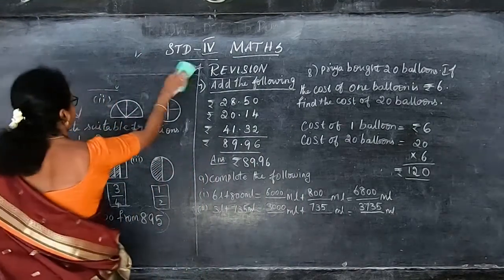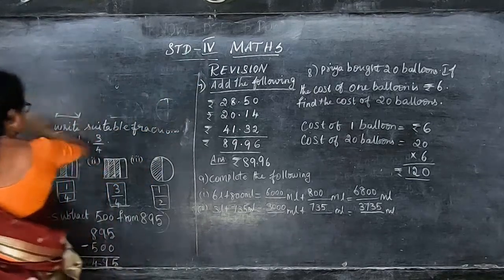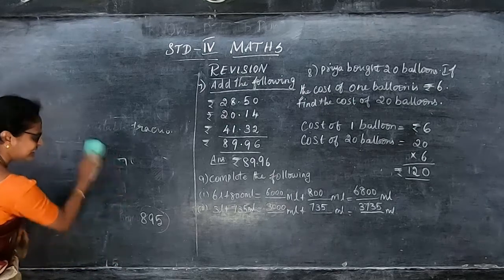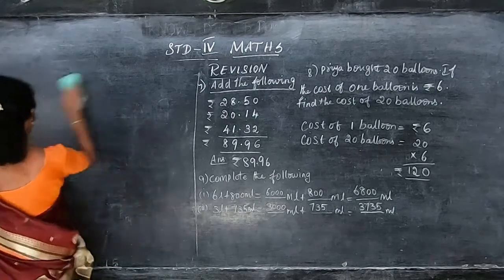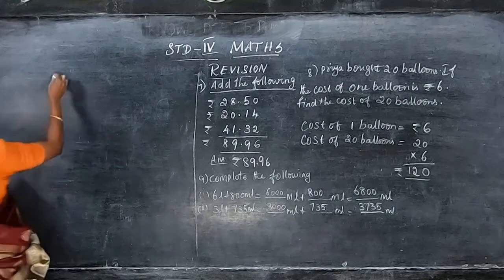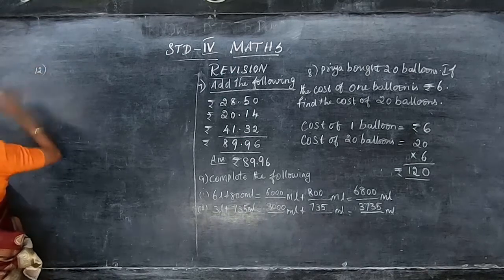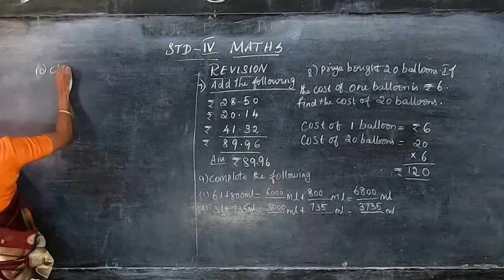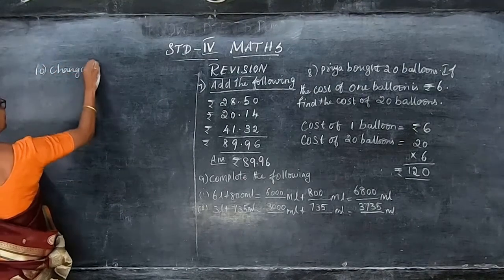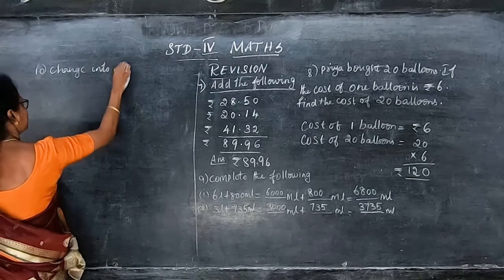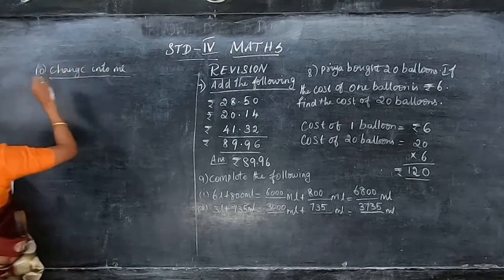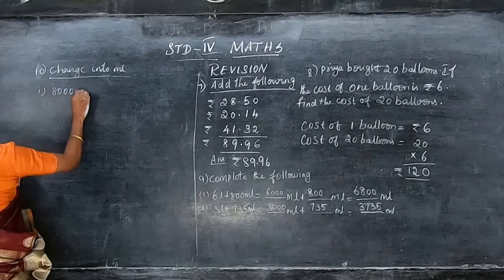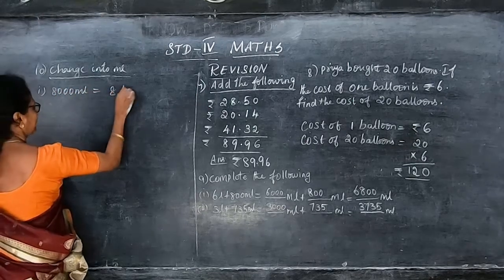And then 10th sum. Change into liter. So first sum is 8000 milliliter, that is equal to 8 liter.